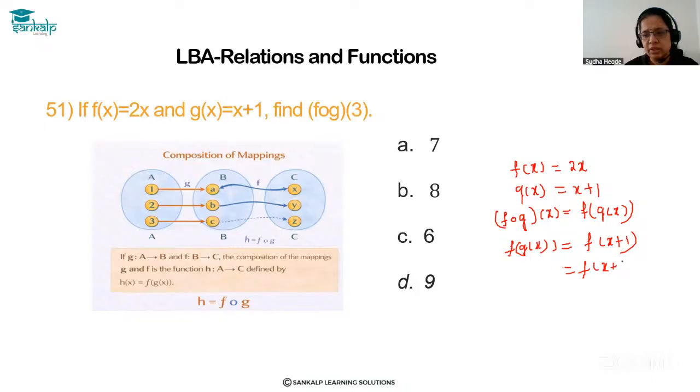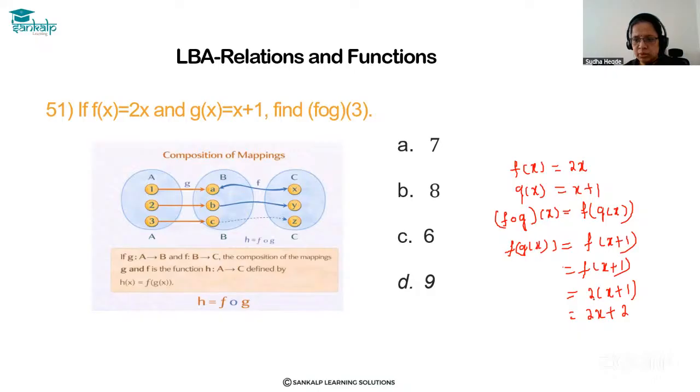In place of x in f, you have to replace x plus 1. So 2 into x plus 1 is equal to 2x plus 2.